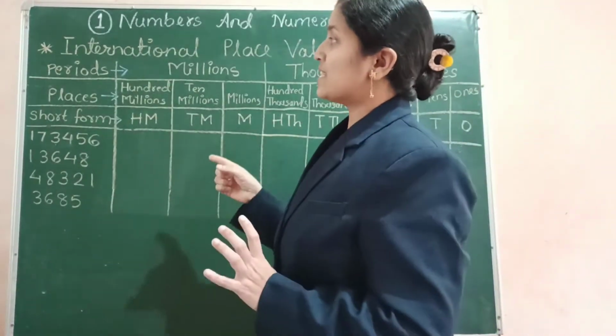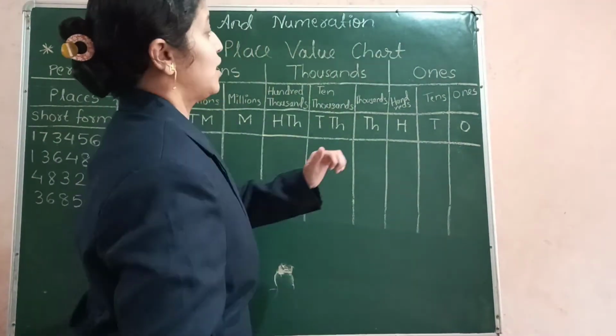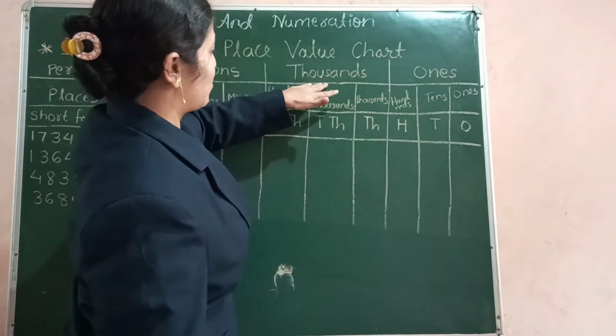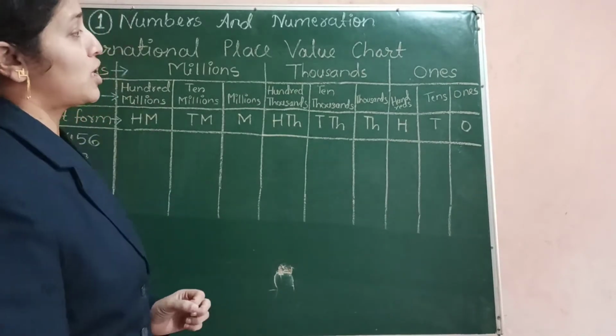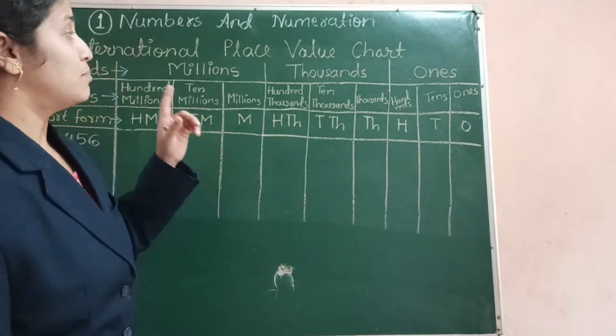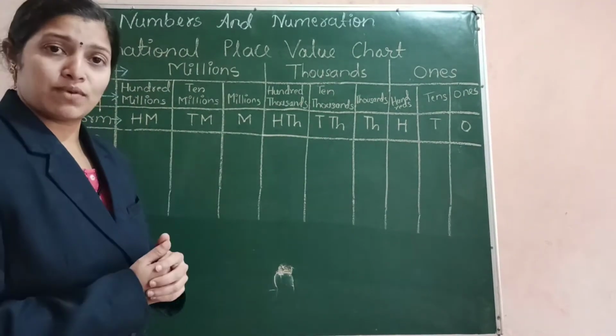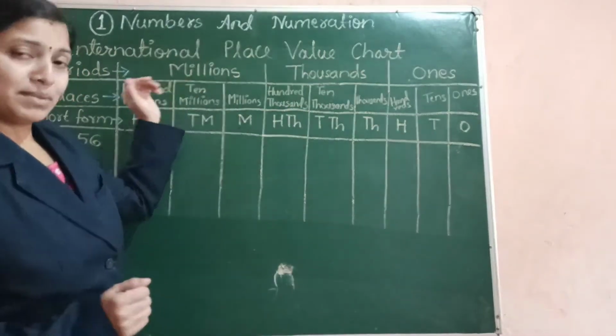The periods in this international place value chart are ones, thousands and millions. In the Indian place value chart we had ones, thousands and lakhs. But in the international place value chart we have ones, thousands and millions.